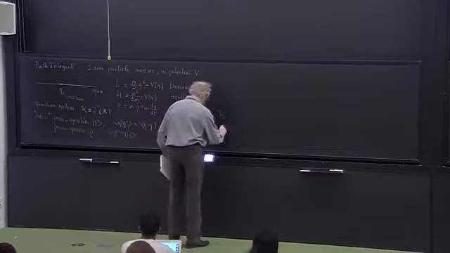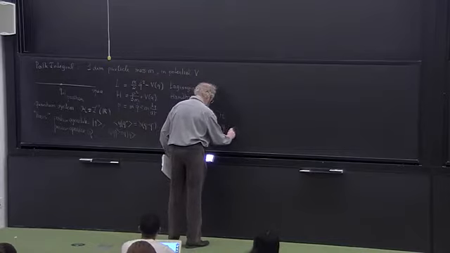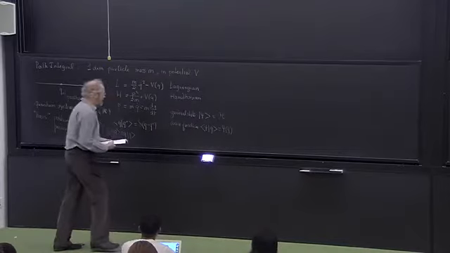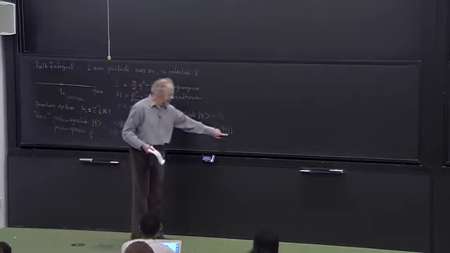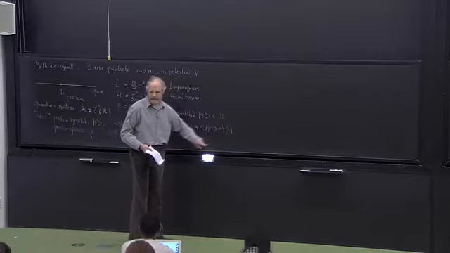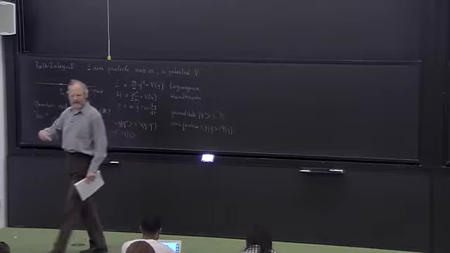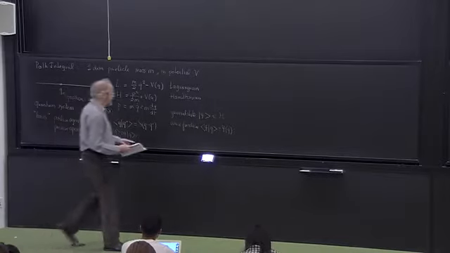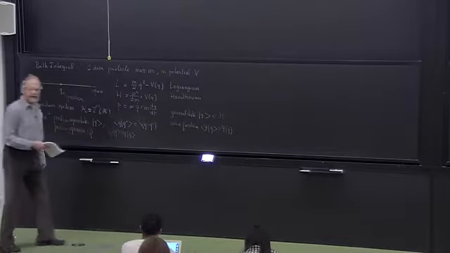And this is going to be, of course, the value of the wave function representing the state psi at the position q. So wave functions are, in some sense, the elements of a general state in the basis of the position eigenstates. Okay?